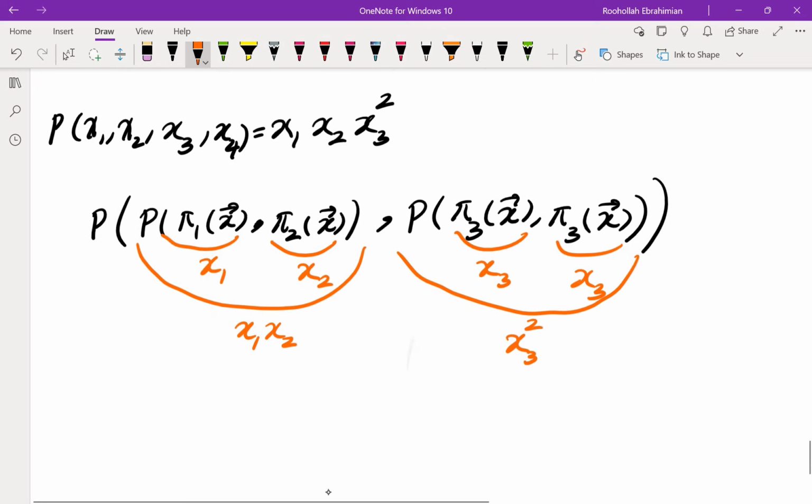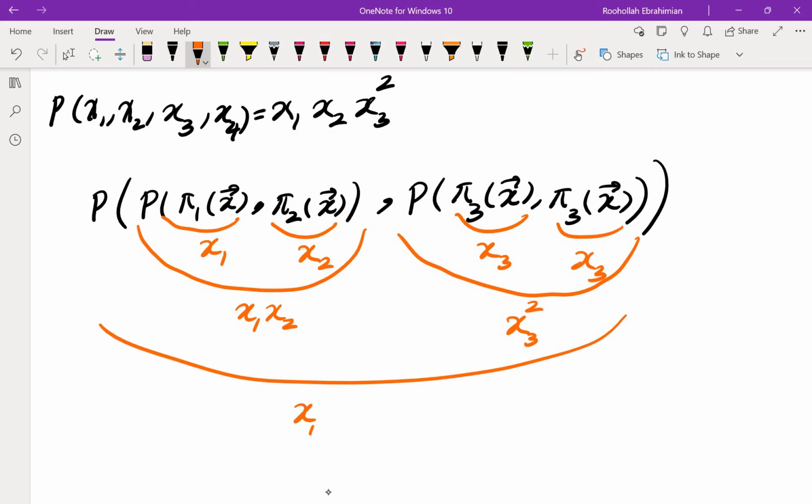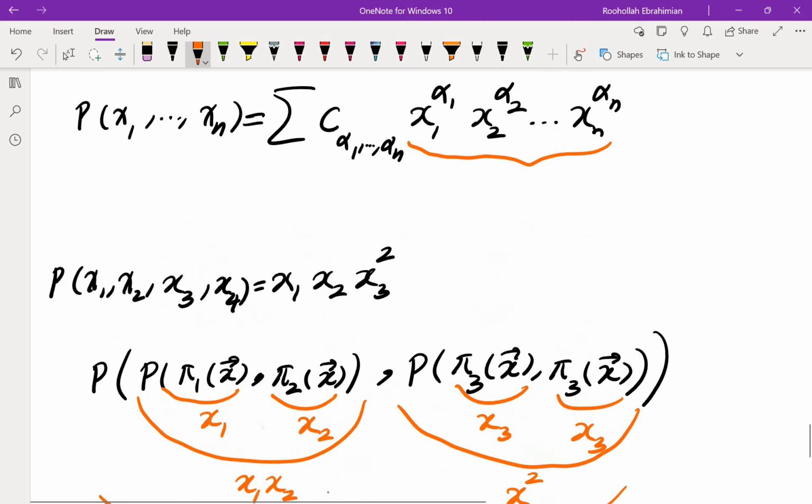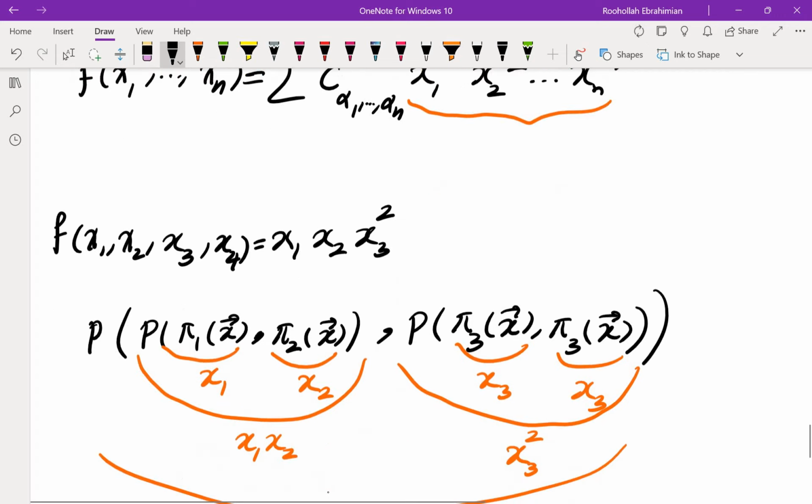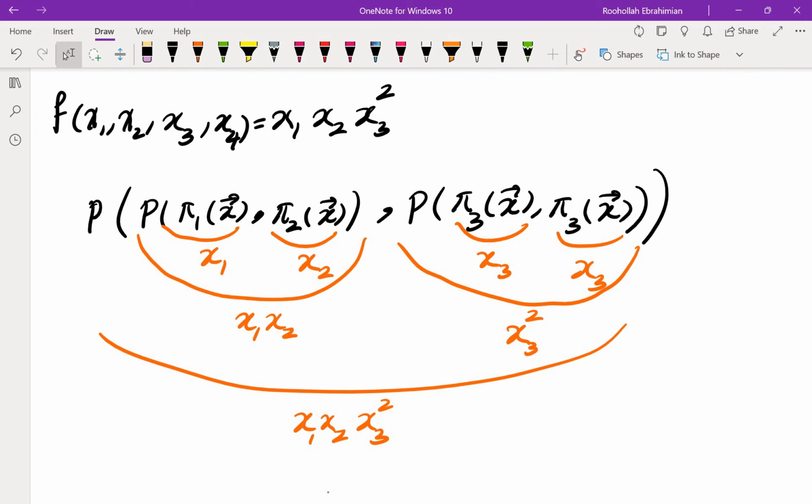And when you multiply them all, you get x1, x2, x3 squared. If you have a constant in front, the constants are also continuous. That's pretty easy to check. And by the way, I probably need to name the polynomial something different. Let me just say f, because I have p for product. And that was fine. So then I get something that is continuous.